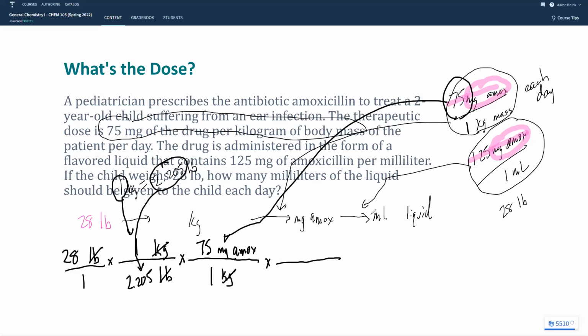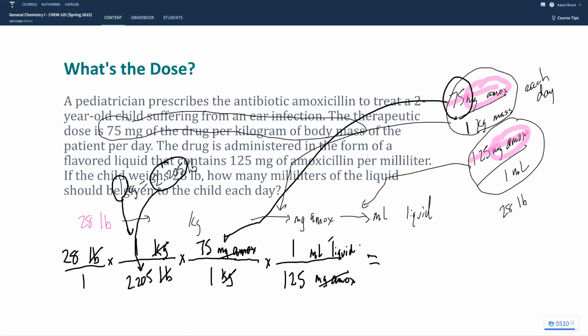The last step, milligrams to milliliters. So milligrams of amoxicillin I want to get rid of, so I'm going to put it in the denominator to get rid of it. Milliliters of liquid will be left behind. 1 milliliter of liquid is 125 milligrams of amoxicillin. And so milligrams of amoxicillin cancel.